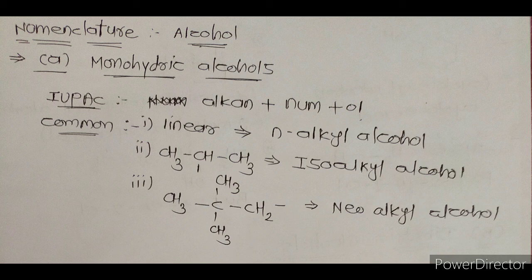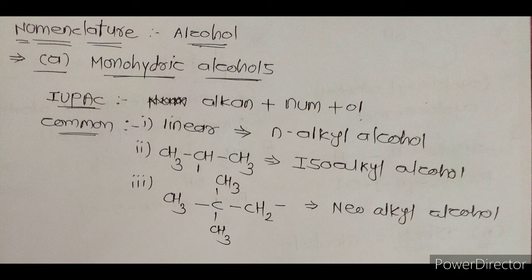For common naming, three simple rules are there. If the compound is linear, then you use alkyl alcohol. But if the number of carbons is 3 or more, then such a linear compound gets n-alkyl alcohol. Here n stands for normal. Second rule, if CH3 CH3 is present in a sequence, then we use isoalkyl alcohol.